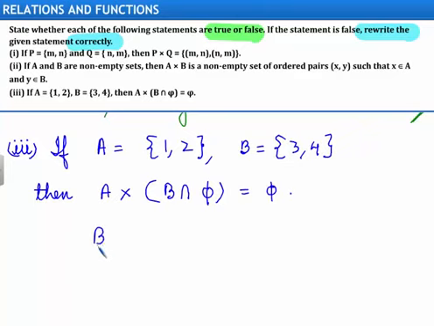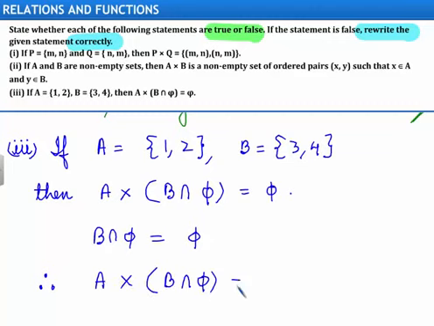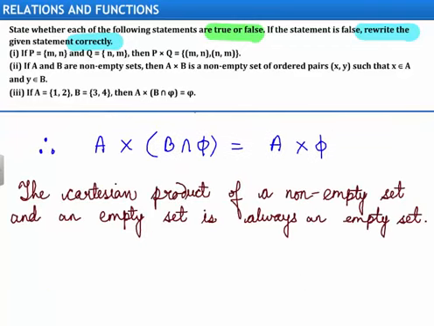Now, B intersection phi is equal to phi. Therefore, A cross (B intersection phi) is equal to A cross phi. We know that the Cartesian product of a non-empty set and an empty set is always an empty set.